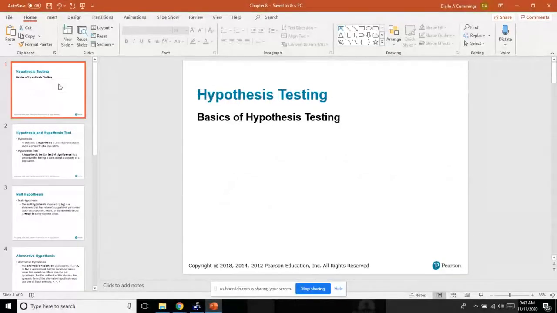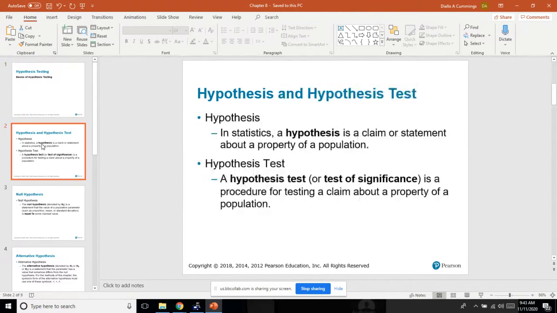I'm going to go to our shared screen and pull up PowerPoints. In this section, we're going to take a look at hypothesis testing. First off, a hypothesis is basically an educated guess.